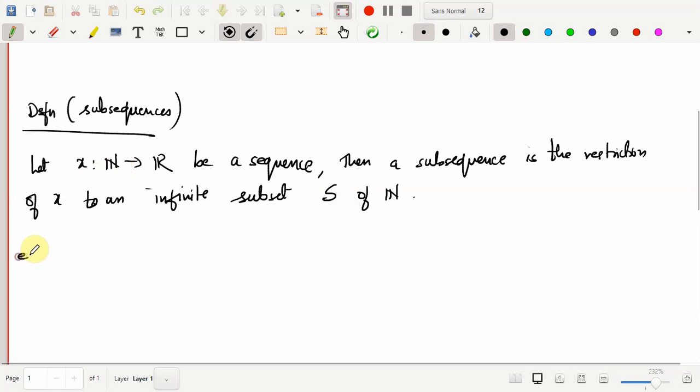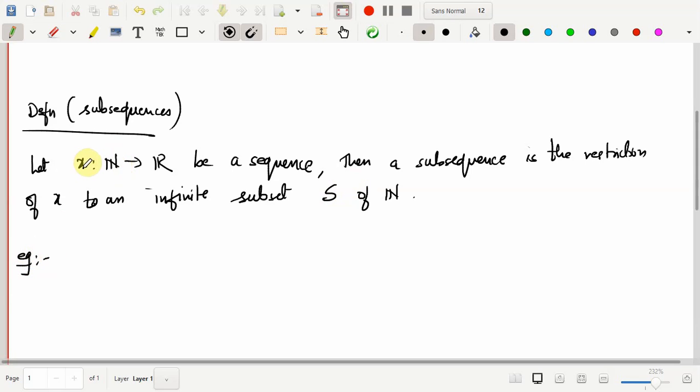By the way, x of 1, x of 2, we call simply x suffix 1, x suffix 2, and this goes on. This is the terminology we are used to from sequences.